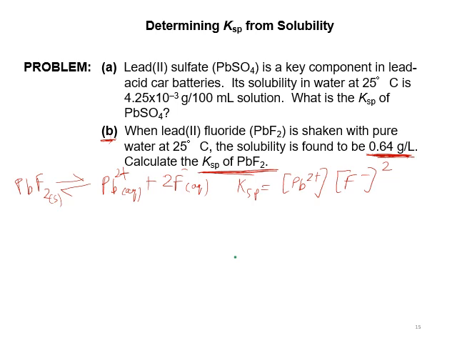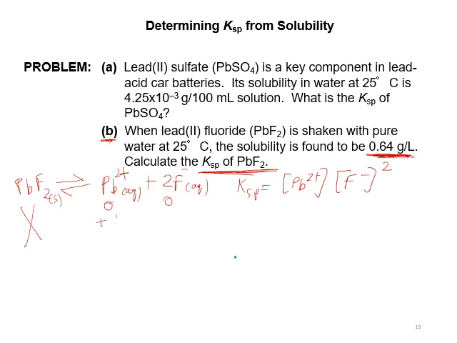Now the question is about solubility. Since it's given to me in grams per liter, I would convert this into molar solubility and use that. For my Ksp expression in terms of molar solubility, I need to know the equilibrium concentrations for both of these ions. Initially I have 0 for each.